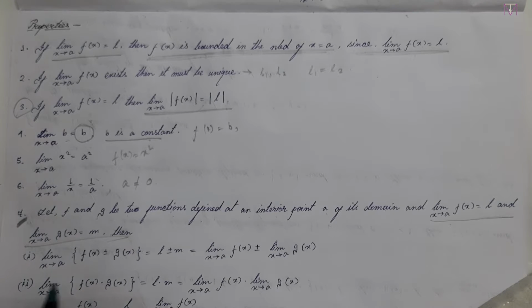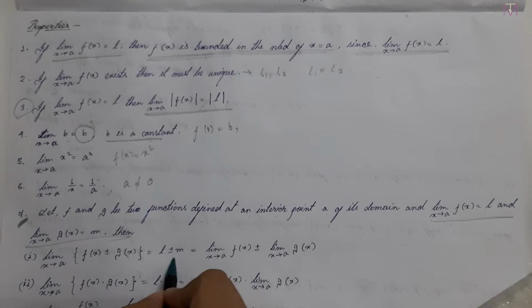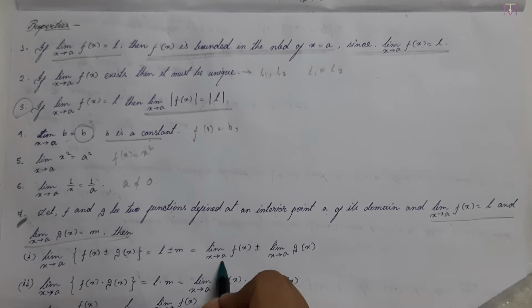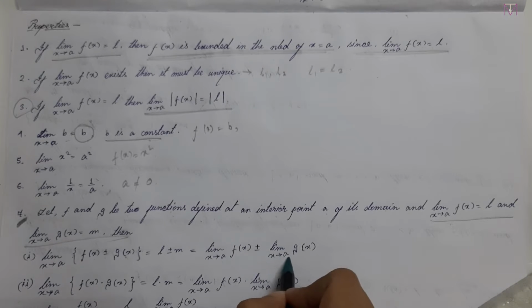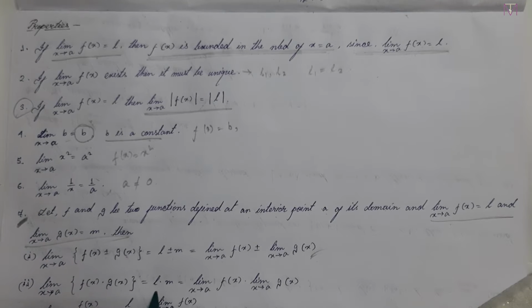Then limit of f(x) plus or minus g(x) equals L plus or minus m, which is the limit of f(x) plus or minus the limit of g(x). This is number 1. Now, the limit as x tends to a of f(x) into g(x) equals L into m, where L is the limit of f(x) and m is the limit of g(x).